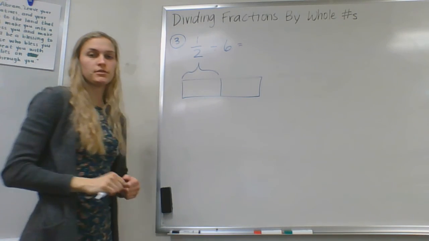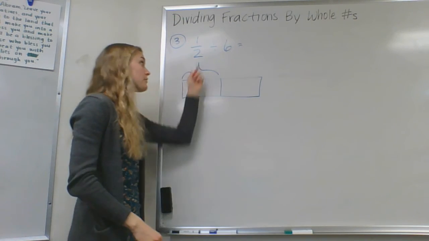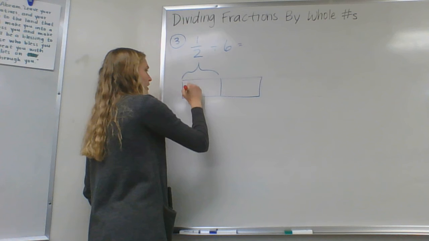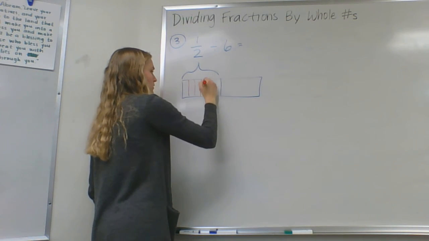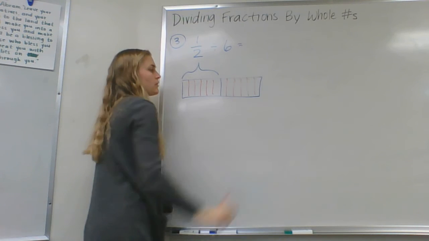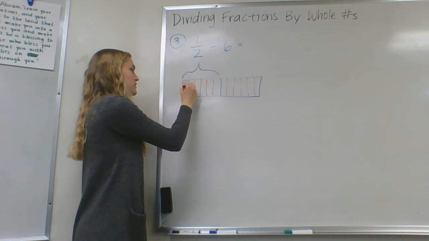So there's half. And we're dividing by 6, so that means each half needs to have 6 pieces. Not the whole thing in 6 pieces. Each half. Okay. And we're again talking about one of those 6 pieces.